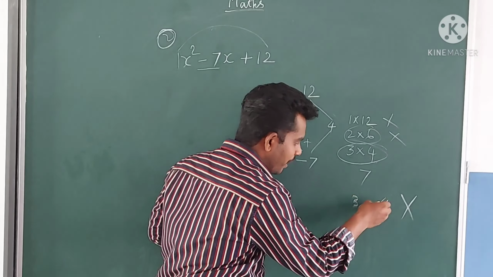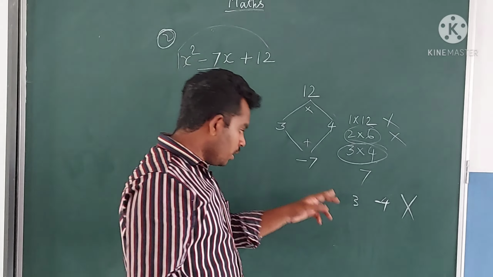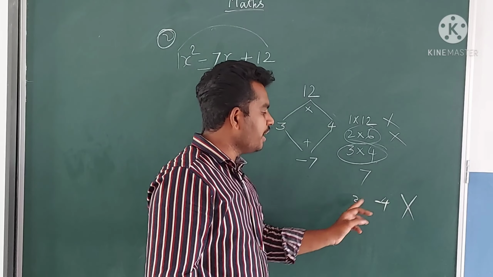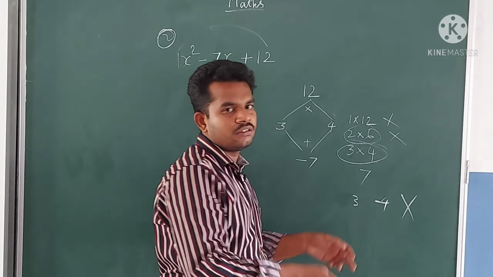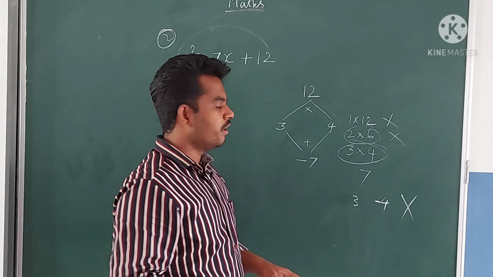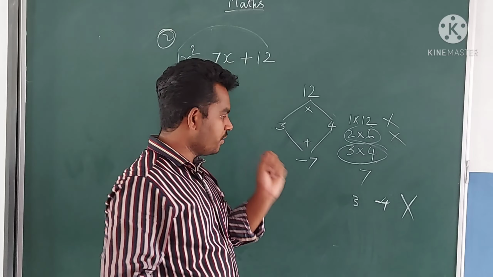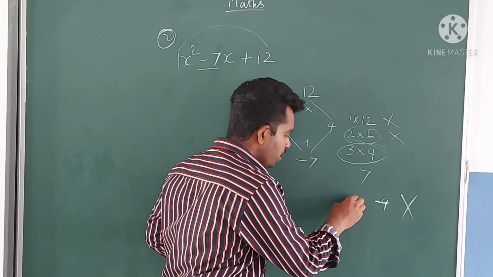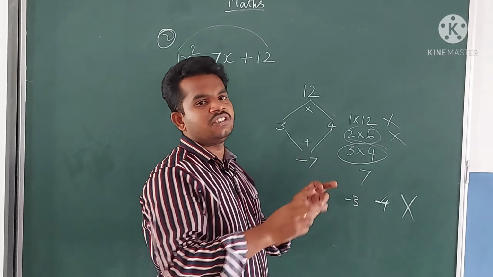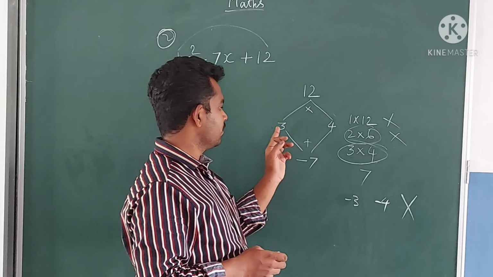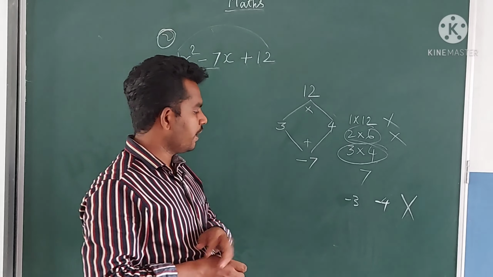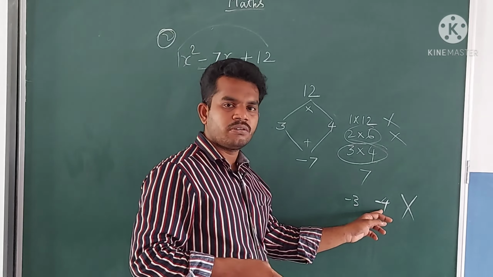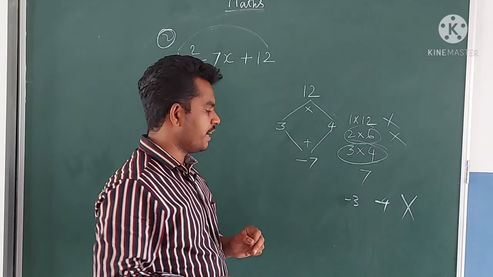If you put 3 into minus 4, that is also minus 12, so it is also omitted. So the correct way is you should put minus in both factors. Here also minus, here also minus. So you will get the correct answer.